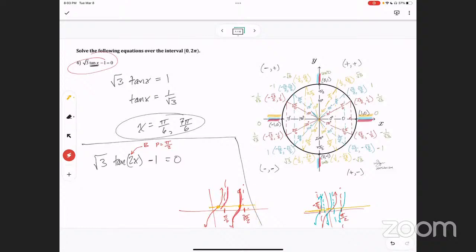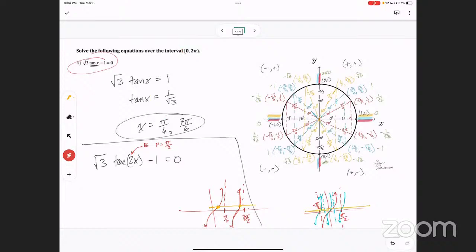I can fit 4 of these instead of just two red. See that I've got two red ones? I can fit 4 of the blue ones in there. So I'm not going to have just 2 answers. How many answers am I going to have? 4. I'm going to have 4 answers now. So that's what the period did. It just gave me a lot more answers on that interval.